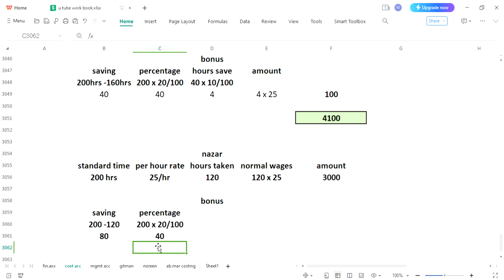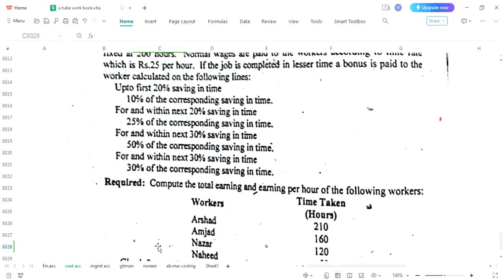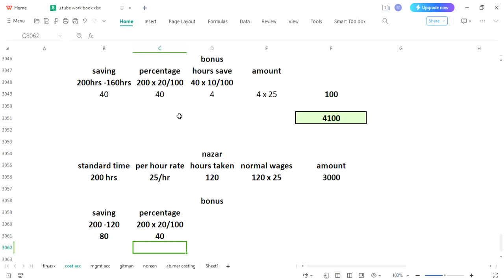Should we go to the next step or not? You can see up to first 20% saving you will give percentage for, and within the next 20%. Why will we go to the next 20%? Because total saving of hours in case of Nazar is 80. First percentage has reached up till 40 only. So we will choose the next step as well.